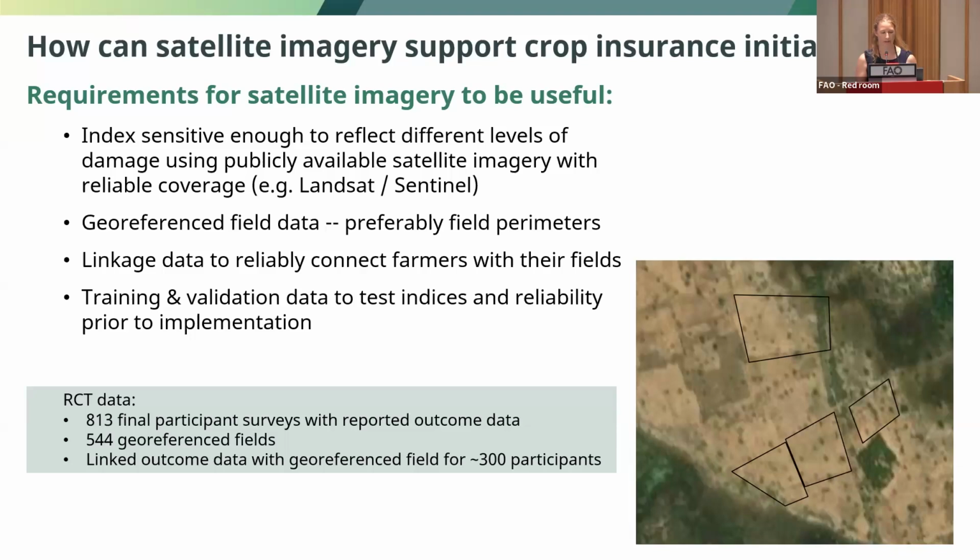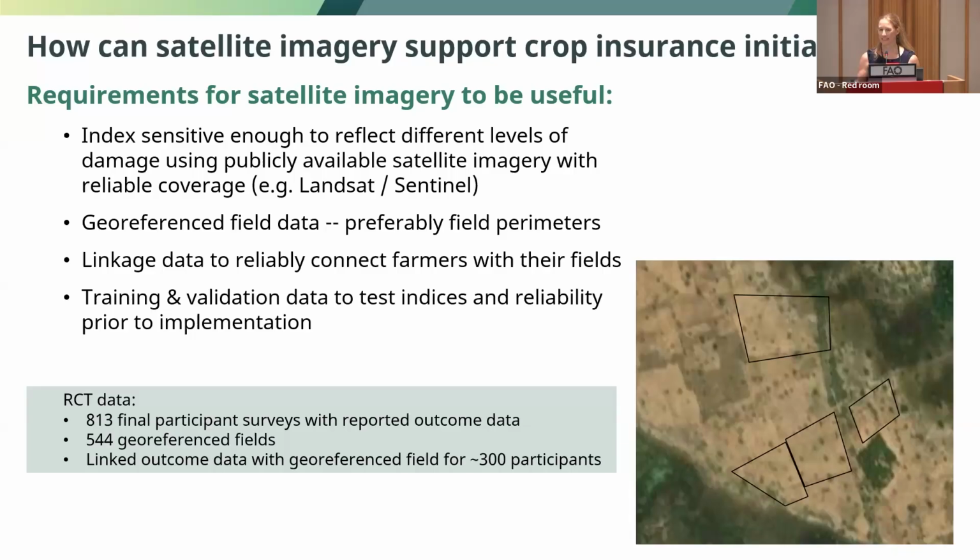That could be flexible. And we need linkage data to reliably connect the farmers to their fields. That turns out to be a problem in a lot of projects. And then finally, we need training and validation data to be able to test indices and see their reliability before we try to implement them in the real world.